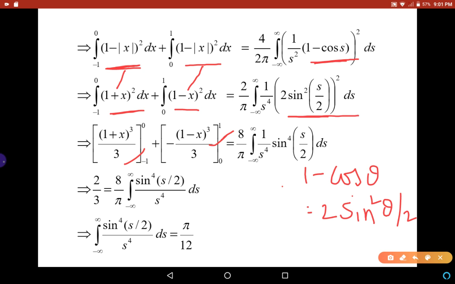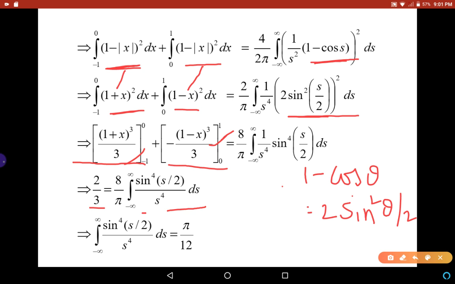Now coming to the left hand side, after substitution of limits in these two terms, we get 2/3, which is equal to 8/π times the integral from −∞ to ∞ of sin⁴(s/2)/s⁴ ds.